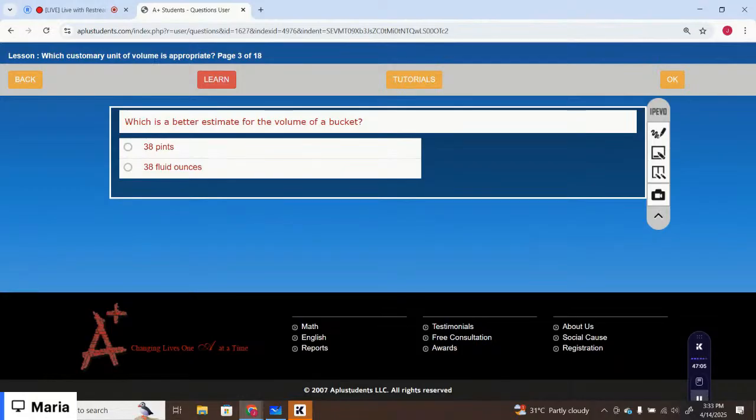Which is the better estimate for the volume of a bucket? Which is the correct option?